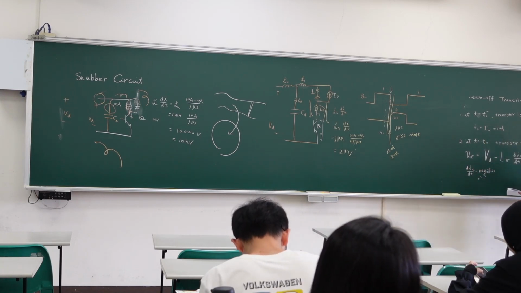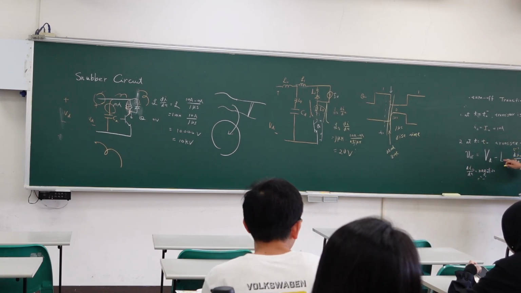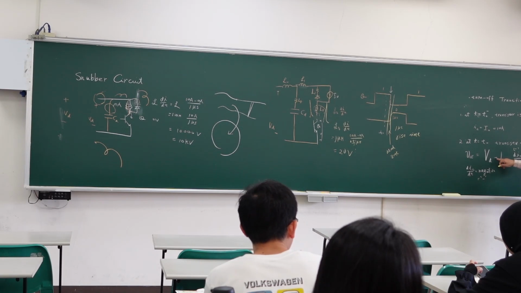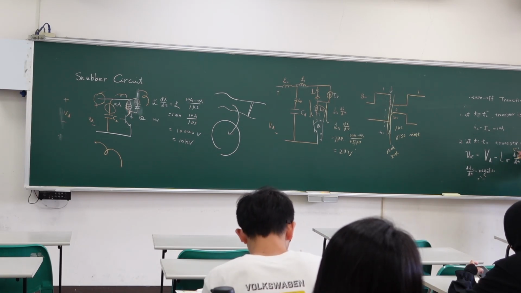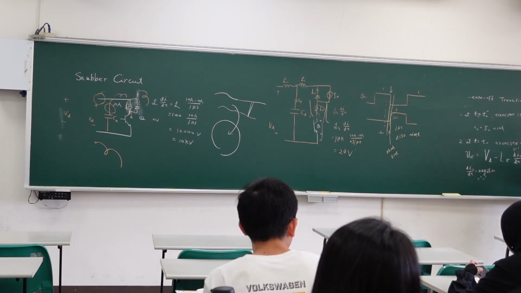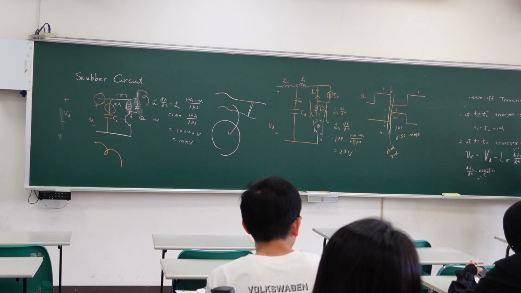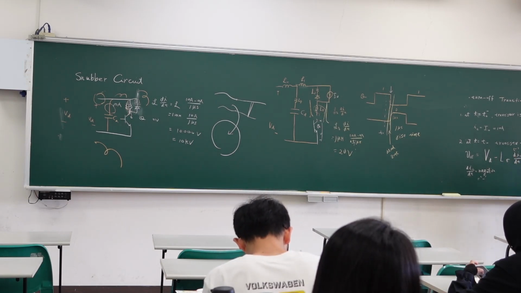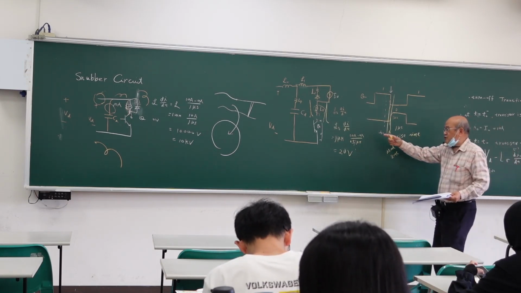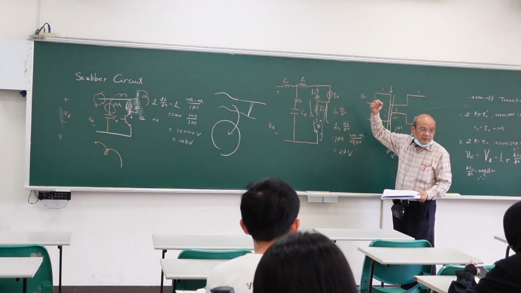If this is negative, this is positive, this is negative. Negative minus negative becomes positive, which means the value becomes larger than VD. So after you turn off, the voltage across the transistor increases to more than VD.